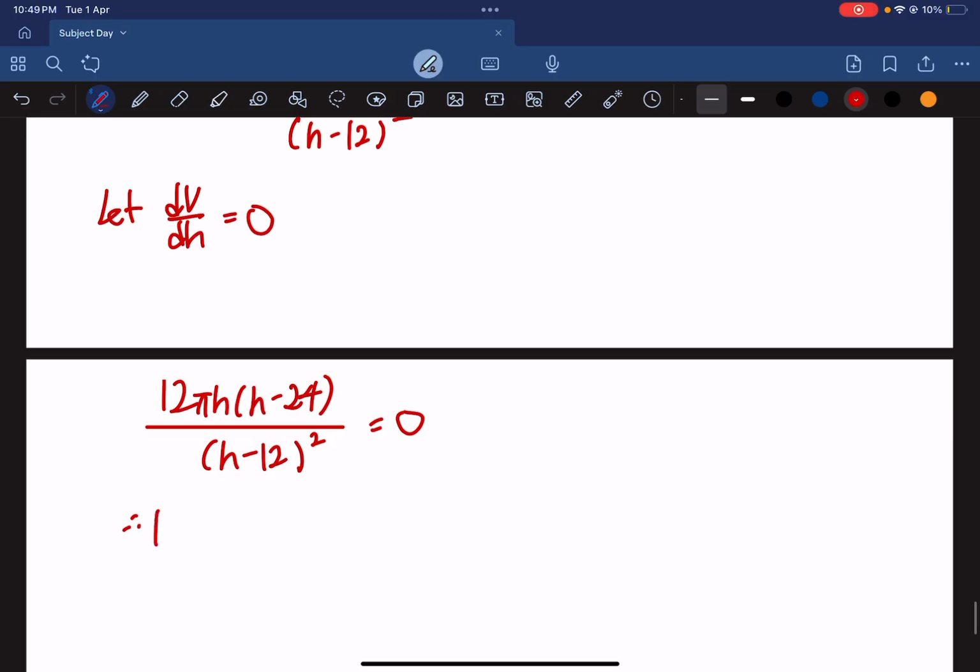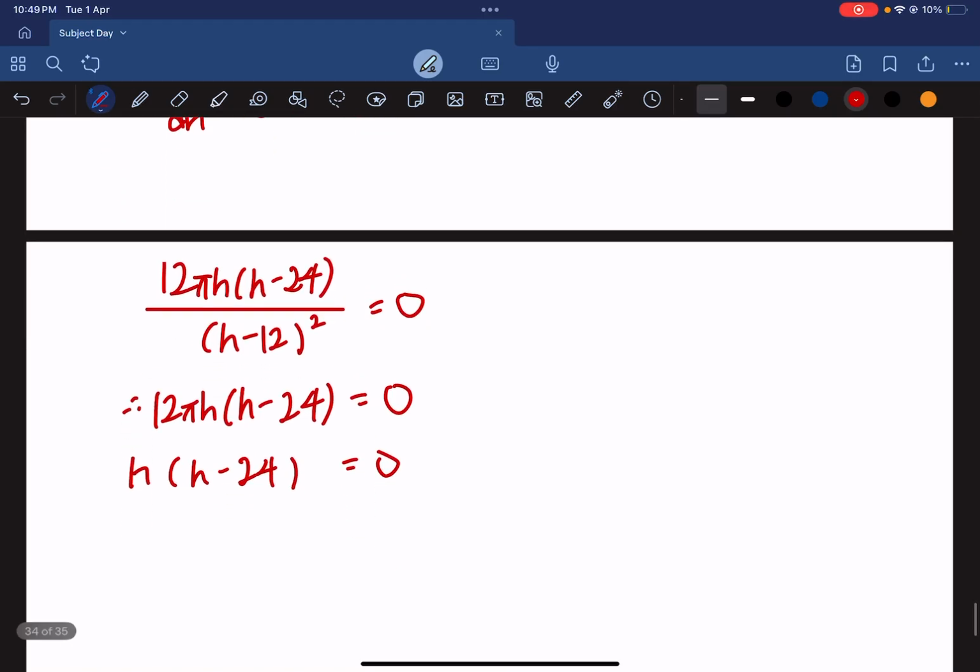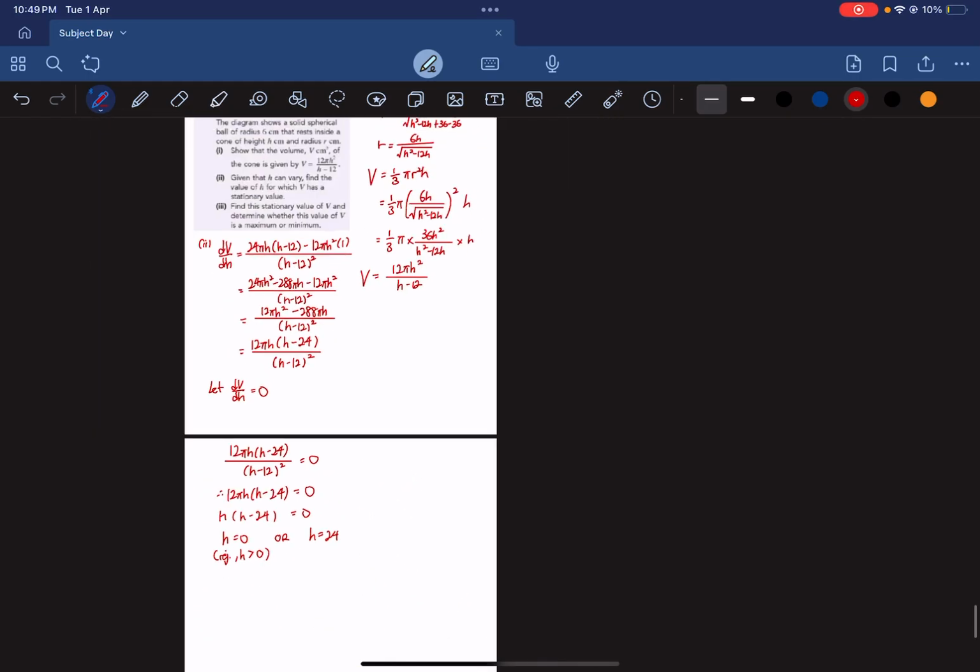Therefore 12 pi h times (h minus 24) is equal to 0. Therefore h times (h minus 24) equals 0. I will set h equals 0 or h equals 24. Then I'll reject h equals 0 as I know that h must be strictly greater than 0. And I'll get the solution here.